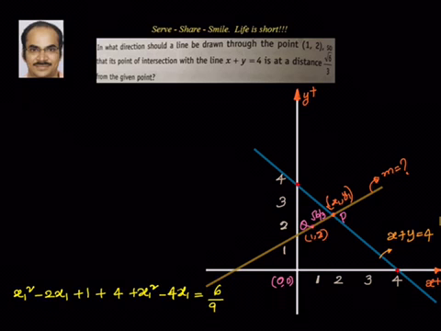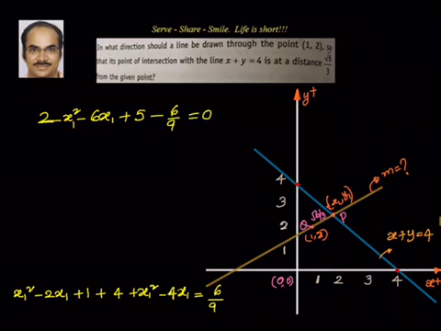So can I write down 2x1 square minus 6x1, 2x1 square minus 6x1 plus 5 minus 6 by 9 is equal to 0.